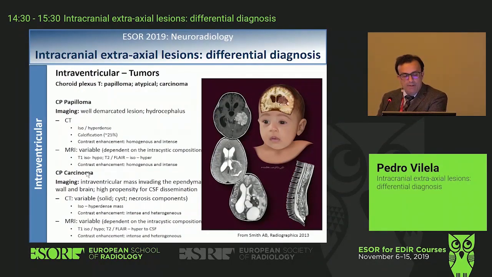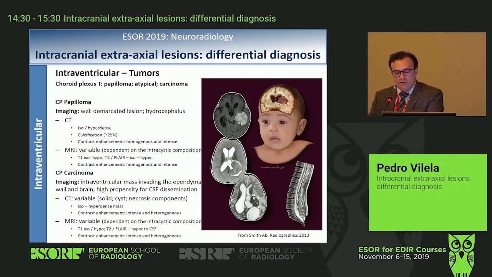Well, papilloma and carcinoma of the choroidal plexus, these are tumors of the pediatric population. They are typically located at the choroidal plexus, most commonly at the atrium, and the papilloma has a benign appearance. They are solid lesions, they grow, they have associated hydrocephalus, and it's controversial if they actually increase the CSF production.